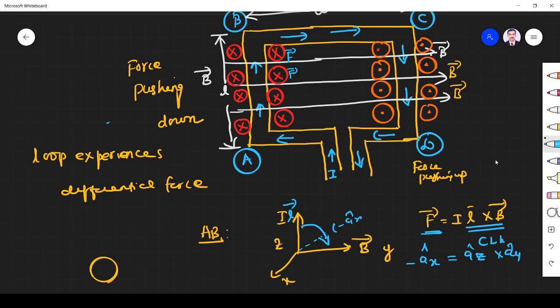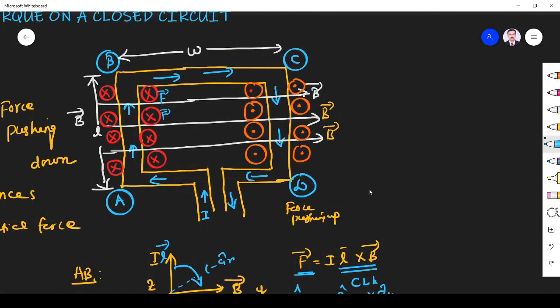Similarly, see what will happen to this arm. As usual, the magnetic field will be in the Y direction, and the current will be acting in the minus Z direction, I. This is B. I have to find IL cross B, moving from L to B. IL, both are the same direction.